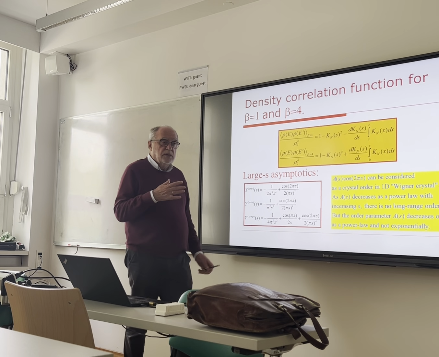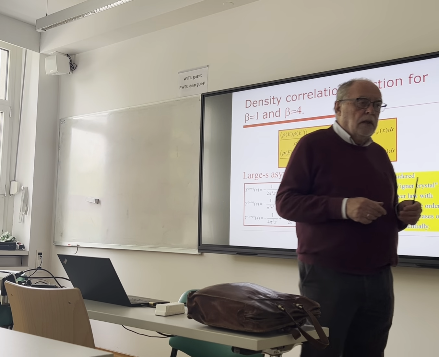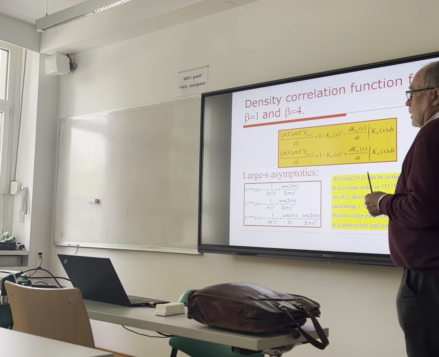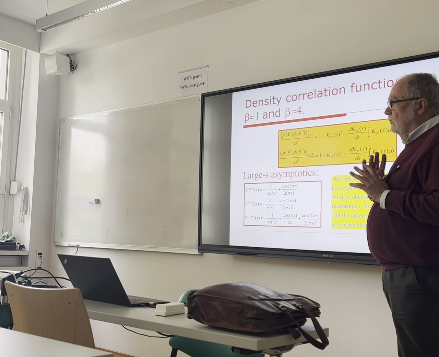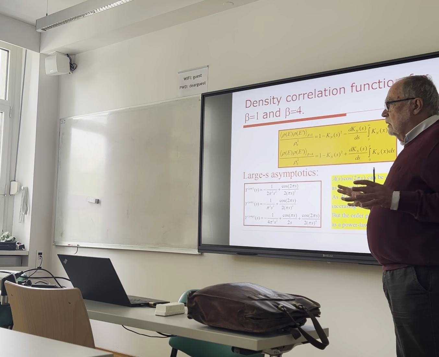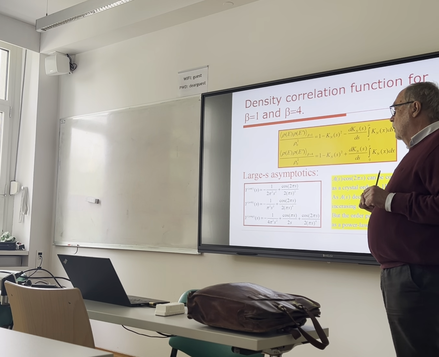So this is what happens according to the well-known theorem. If we have a one-dimensional system at finite temperature, we have very short crystal order. It is practically destroyed very quickly.